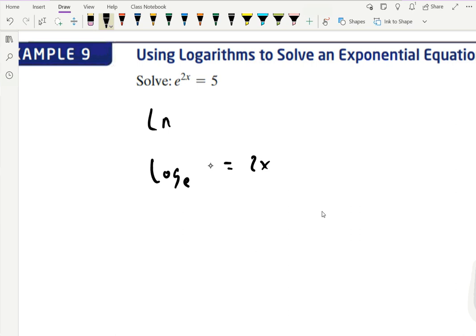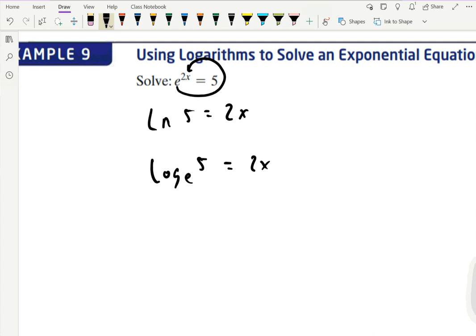So e is our base, we pick up the 5 and we land at the 2x. So the other way to write that is natural log of 5 is 2x.